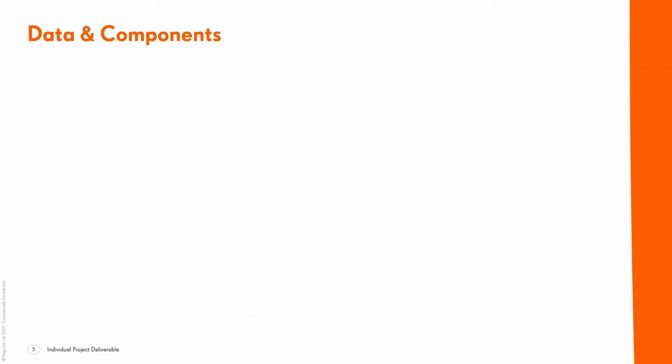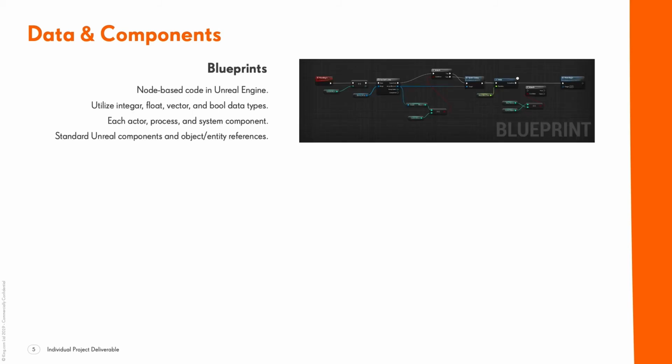In terms of data and components and the elements that were used to comprise the project, definitely using blueprints, which is the node-based code in Unreal Engine, utilizing integers, floats, vectors, and bools to make it all happen in tandem.